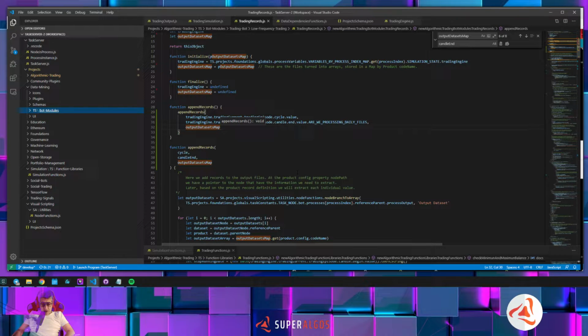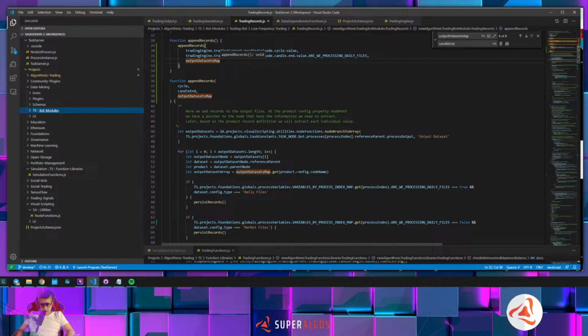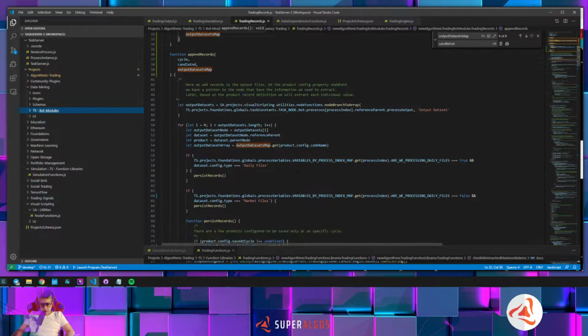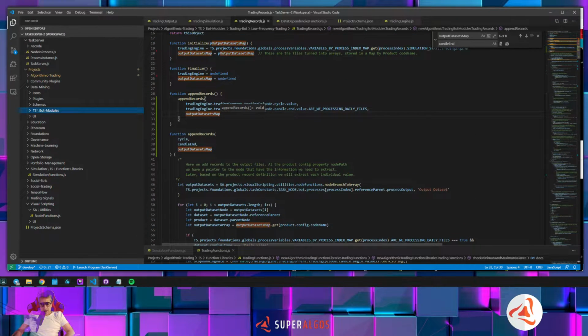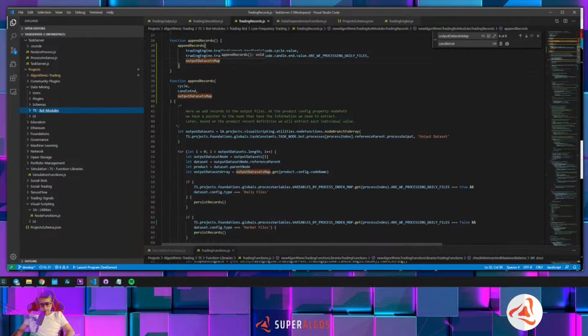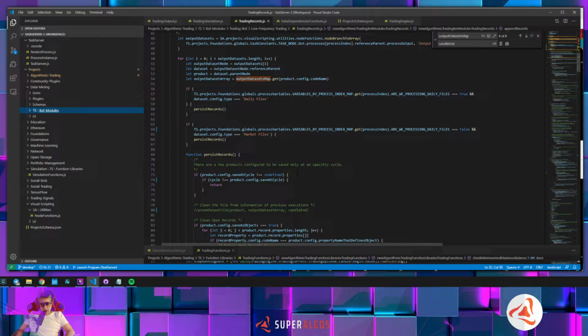What we are doing here is, based on the output products defined at the trading mine, we are converting all that into files.